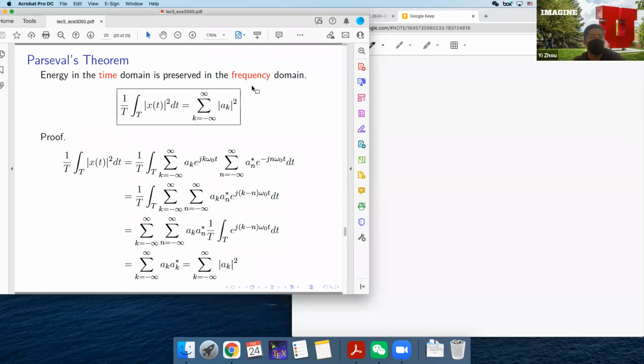So the right-hand side corresponds to the energy of that discrete time signal. And this signal is actually the spectrum of the periodic signal x(t). So the right-hand side is essentially the total energy of the signal in the spectrum domain. And Parseval's theorem says that these two must be equivalent.